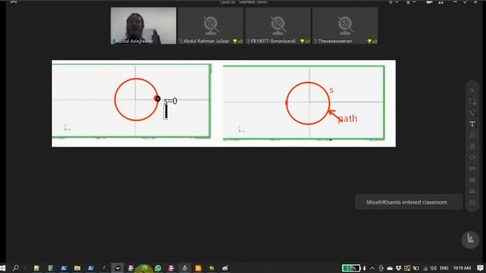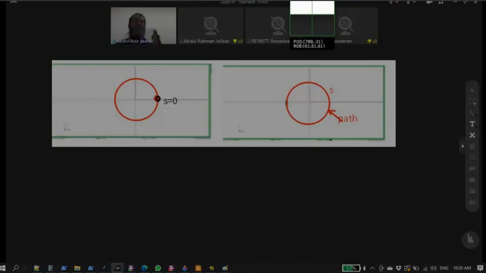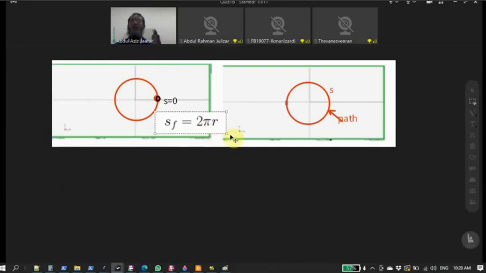So let me write again, as final, 2 pi r. So that will be the final position if we want to represent the motion of the bicycle in the S coordinate system.